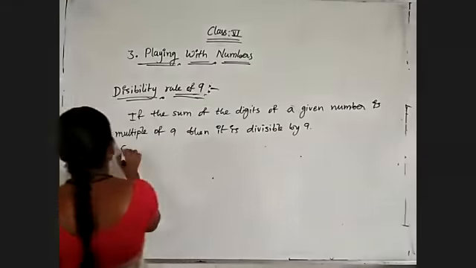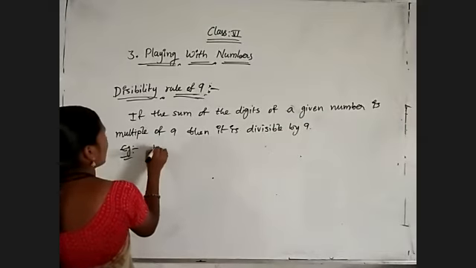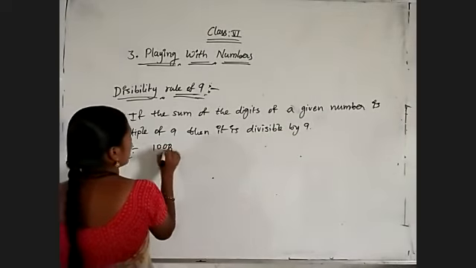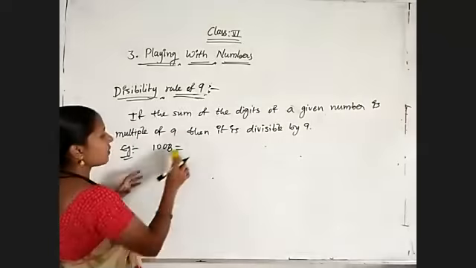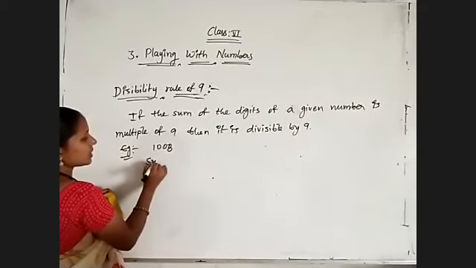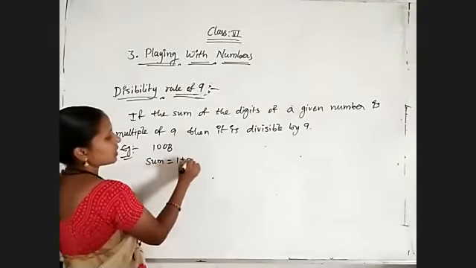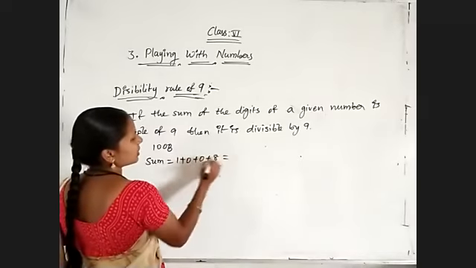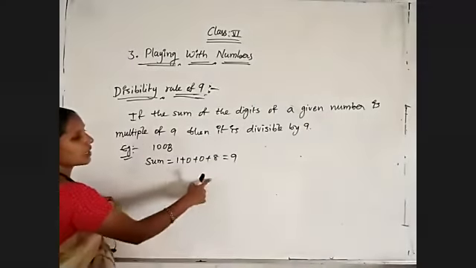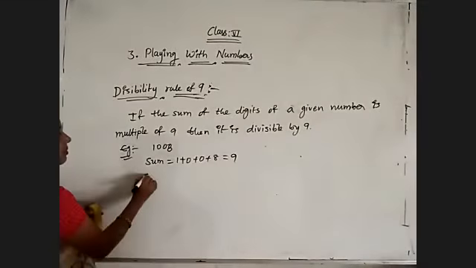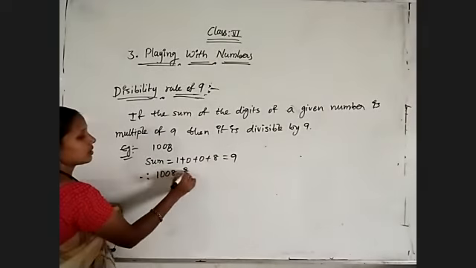So example, 1008. The sum of the digits is 1 plus 0 plus 0 plus 8. 1 plus 8 is nothing but 9. So 9 is a multiple of 9. So it is divisible by 9.